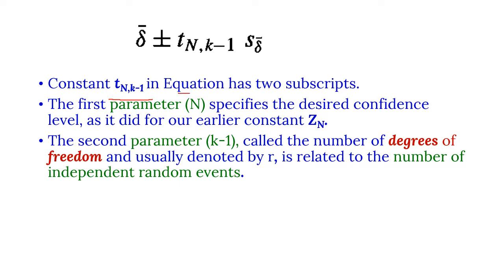The first parameter is n, which specifies the desired confidence level, available in the Z table, and the second parameter is k minus 1. This is nothing but the degree of freedom, usually denoted by the variable r, which is related to the number of independent random events.